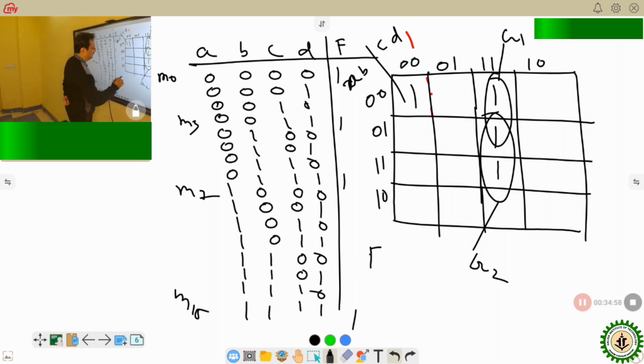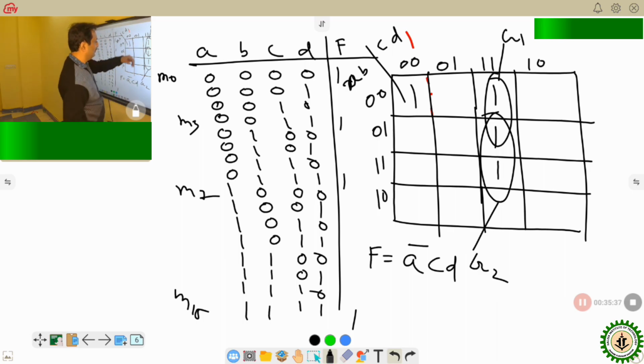So F is equal to, now if I consider group 1, the changing variable in that particular case is B, because in that cell B was 0 and in the other cell B was 1. So the changing variable is B, and the rest are unchanged variables. So this is A bar, A bar, A bar, and this is C and D.